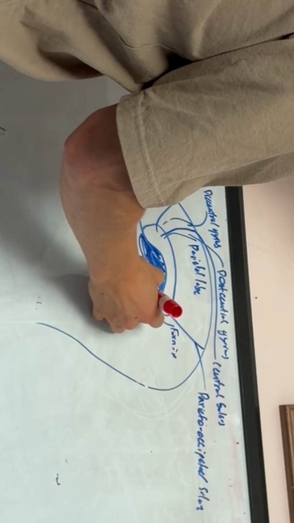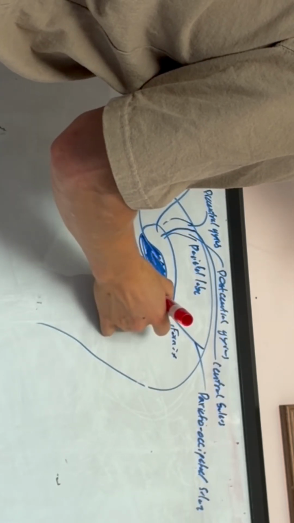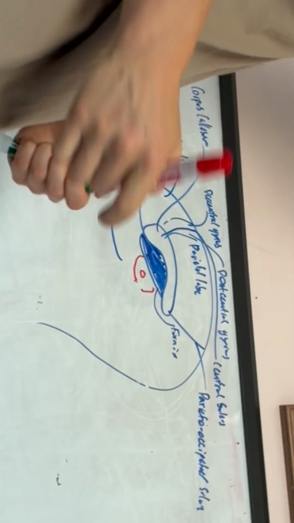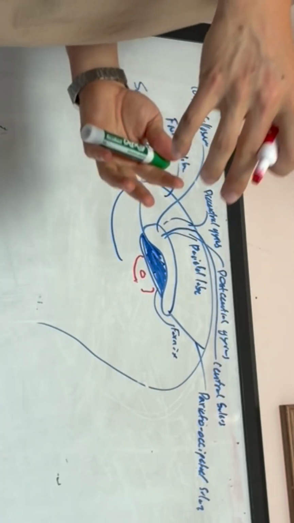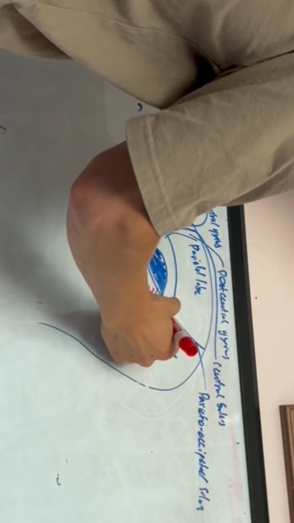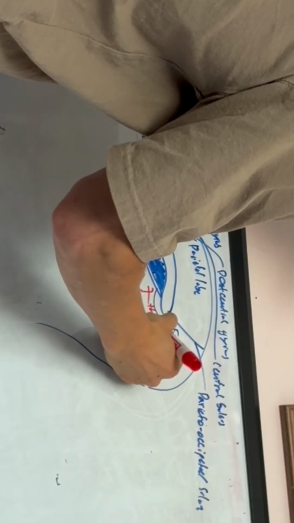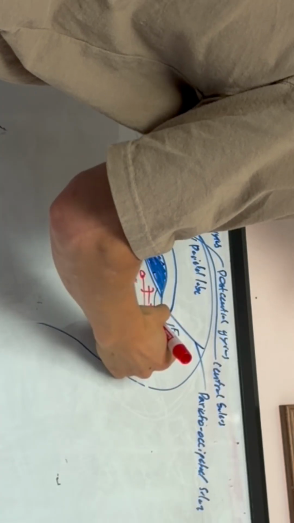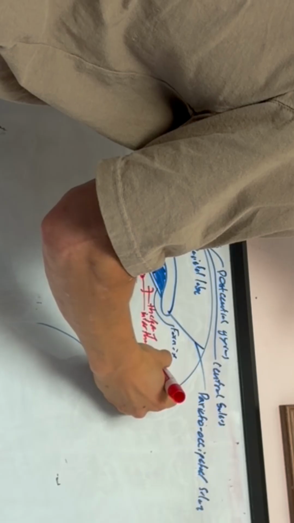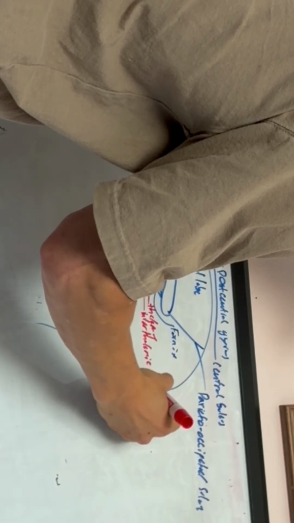Here's the thalamus. The interthalamic adhesion of the thalamus connects both sides of the brain. Right, thalamus. And interthalamic adhesion.